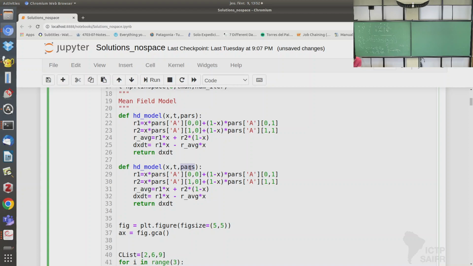You will pass directly A, for instance, and then instead of parse A, you will have A. So you don't have to use a dictionary. If you only know arrays, you can just use an array.